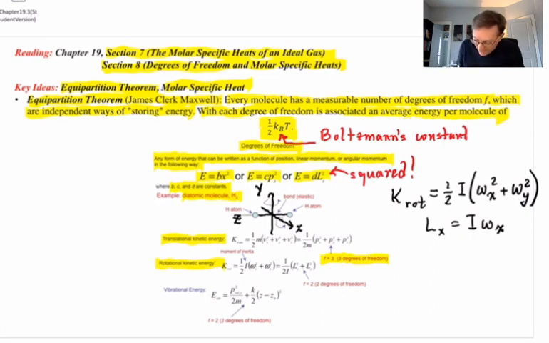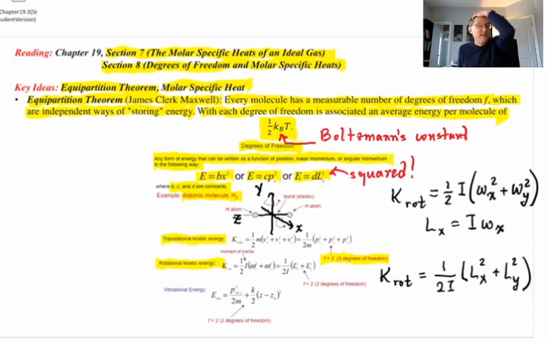Which means, with that idea, that we can write the rotational kinetic energy in the form 1/2I times Lx squared plus Ly squared for a diatomic molecule. And that then there is 1 and then 2 squared terms.